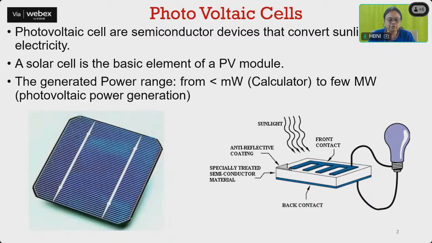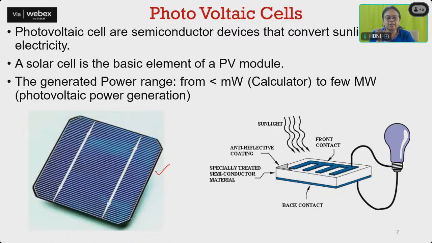So basically, photovoltaic materials are semiconductor devices that convert sunlight to electricity, as the name suggests. A solar cell is the basic element of a photovoltaic module. What I have shown here is the solar cell, and we will be studying more about solar cells today.